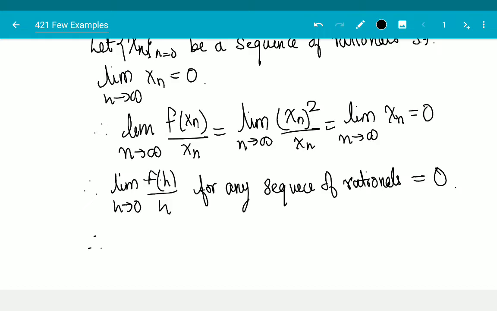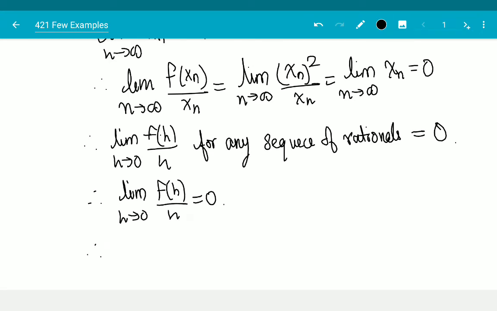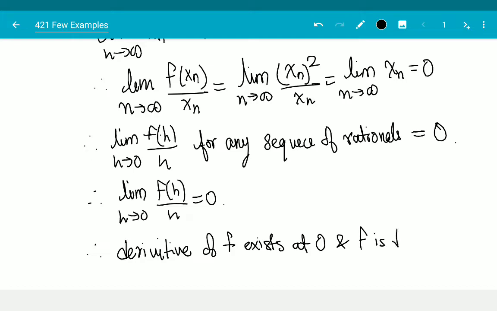Therefore, the limit is 0 for rationals, therefore the limit as h goes to 0 of f of h over h is equal to 0, and therefore the derivative exists at x equal to 0, and f is differentiable at 0.